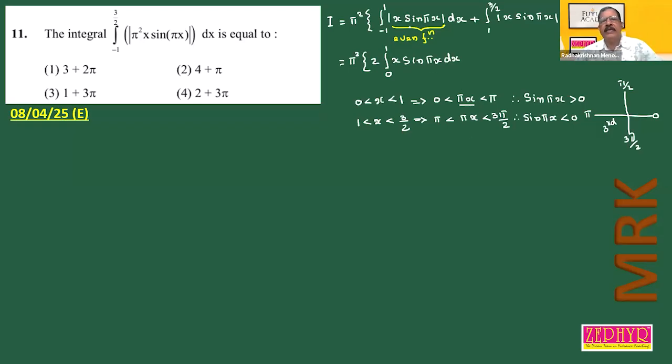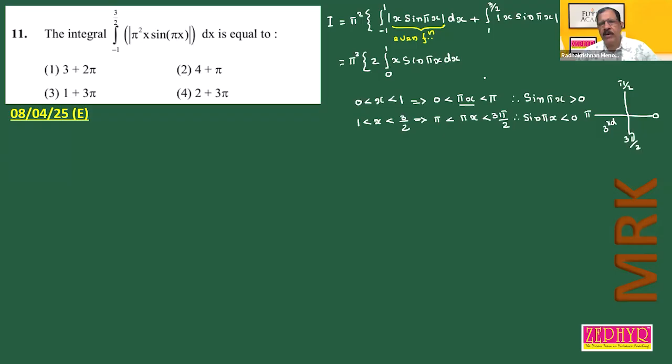Now, in the first case, x into sine pi x is positive. So we are writing modulus x sine pi x dx is equal to x sine pi x dx. But in the second case, x sine pi x is negative. Why? Because x is positive, x lies in between 1 and 3 by 2, but sine pi x is negative. So what is the definition of modulus function?